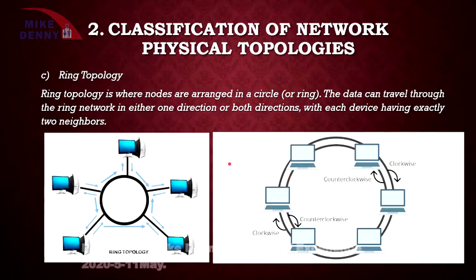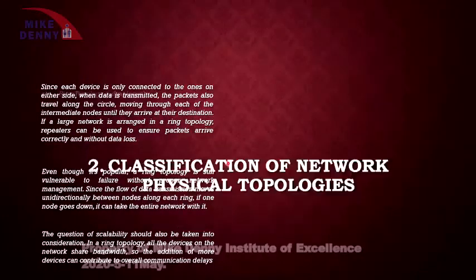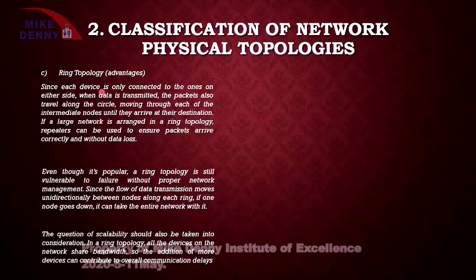So sometimes we need to do that. Since each device is only connected to the ones on either side, when data is transmitted, the packets also travel along the cycle, moving through each of the intermediate nodes until they arrive at their destination.